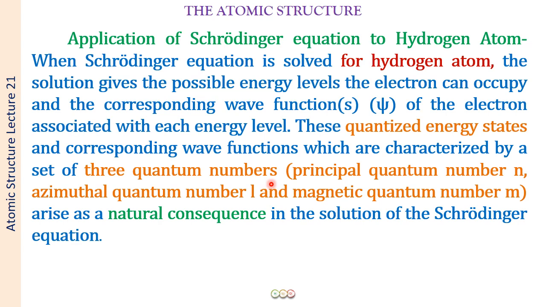These quantum numbers give us the quantized energy states in which the electron can be present. And these 3 quantum numbers are the principal quantum number n, the azimuthal quantum number l, and the magnetic quantum number m. These are coming as a direct result of the solutions given by the Schrodinger equation, and these quantum numbers are what we are interested in to understand the electronic configuration of the atom.